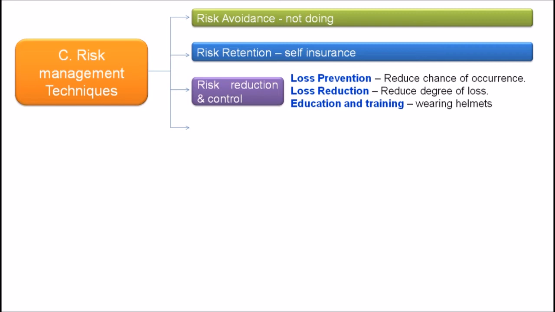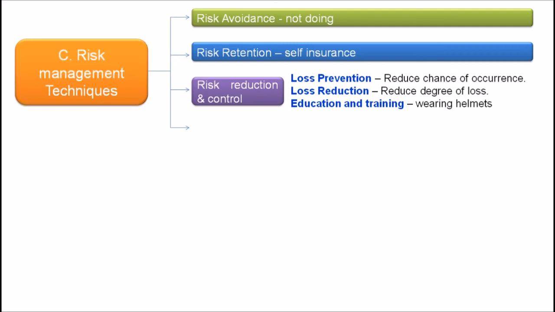For example, follow traffic rules. Loss reduction. Dear friends, these are key terms. Be clear. Loss reduction: reduce the degree of loss. What does degree of loss mean? If you follow traffic rules, the chances are very less. Reduce the degree of loss. Though you are following traffic rules, something happened, an accident is taking place. Then loss reduction.